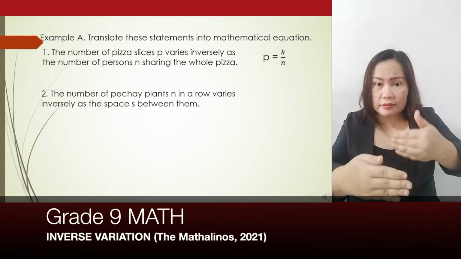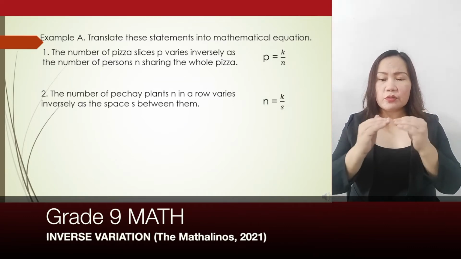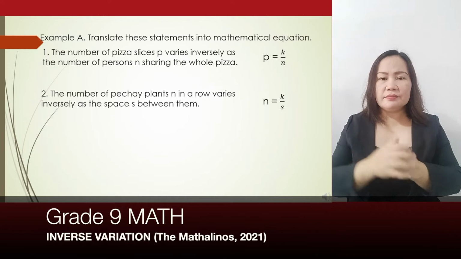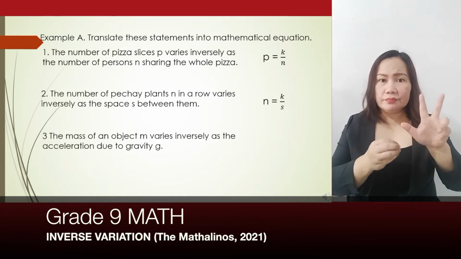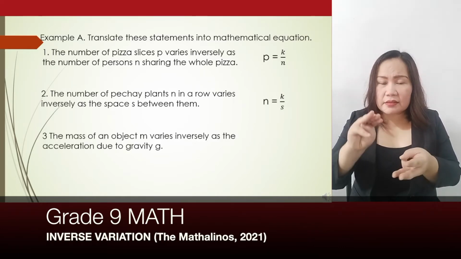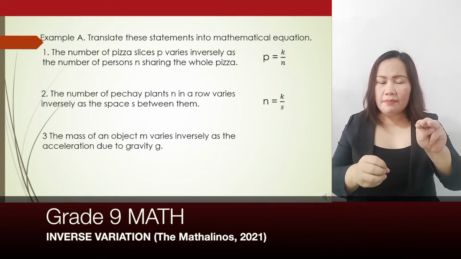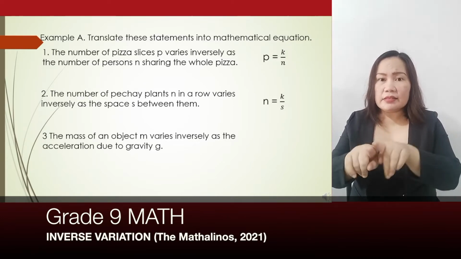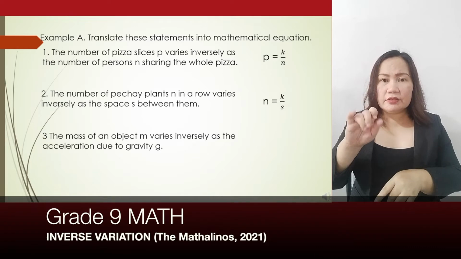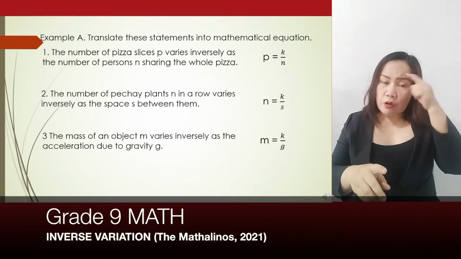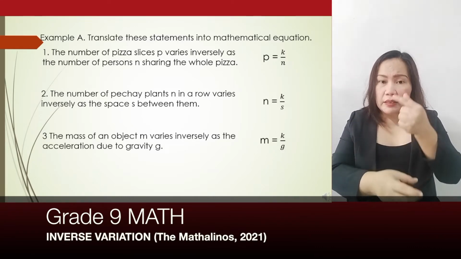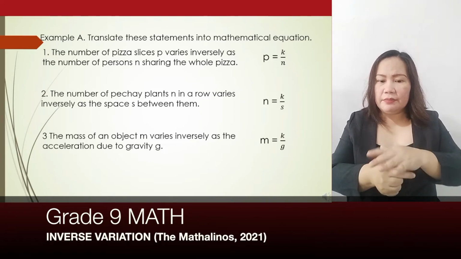So its equation is N equals k over S. And number 3. The mass of an object M varies inversely as the acceleration due to gravity g. So its equation is M equals k over g.